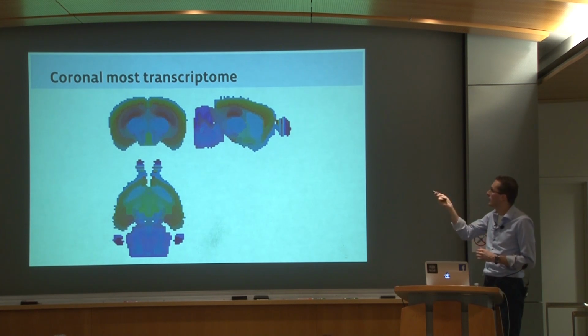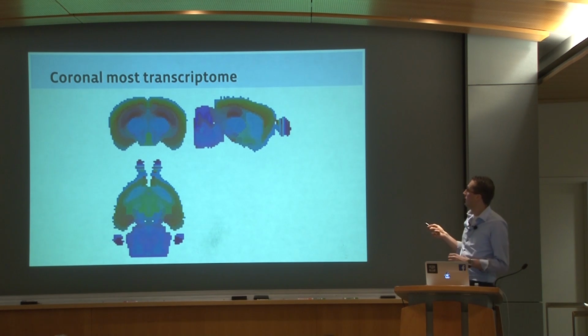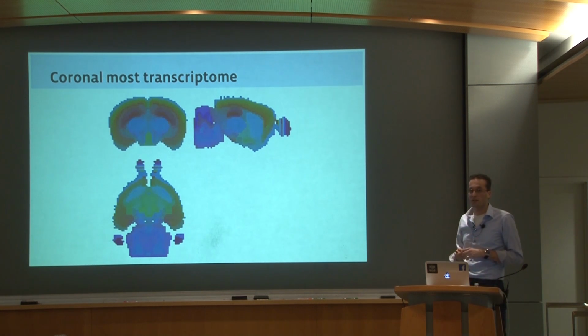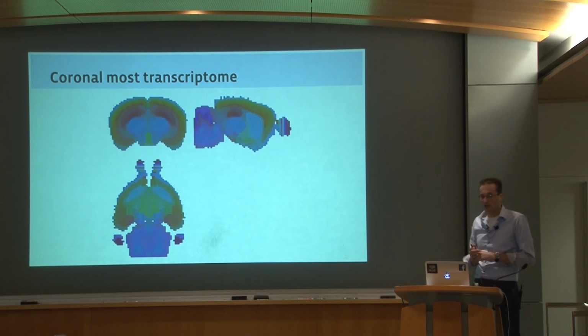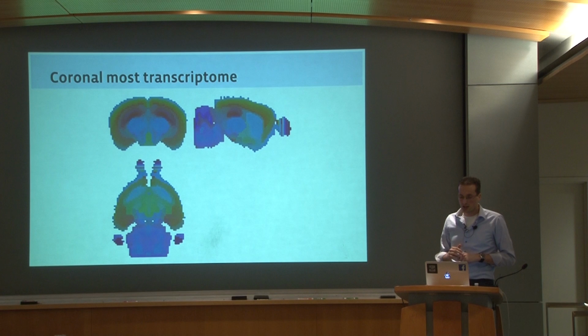And so then we can make maps like this, where if two voxels have a similar color, that means that they had a similar gene expression profile, right?